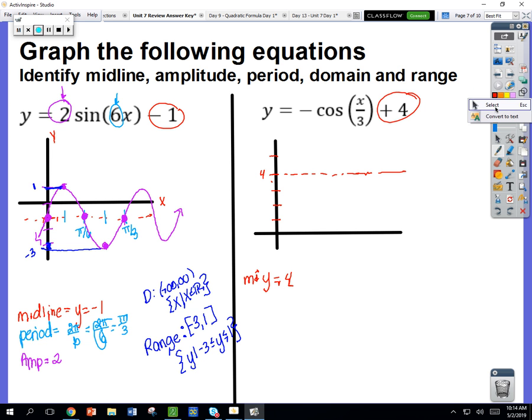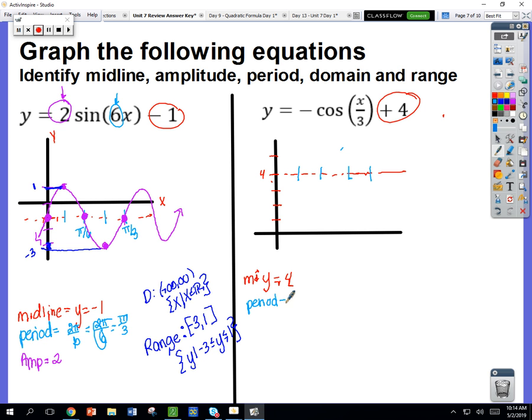Now I'm going to figure out my period, because I've got one, 2, 3, 4. I always make my tick marks on the period. I don't know, that just helps me. So I need to figure out what the period is.